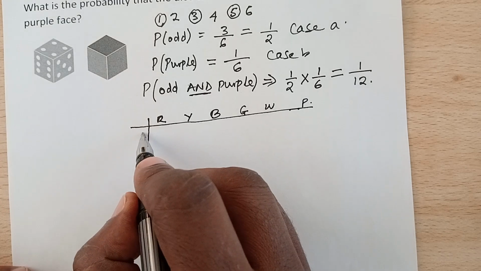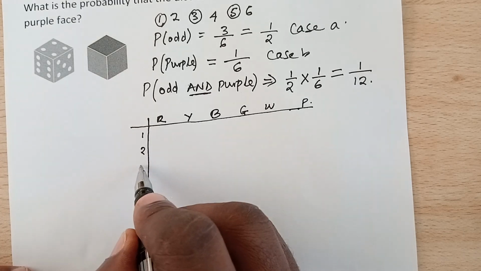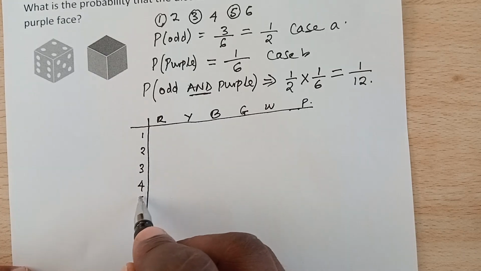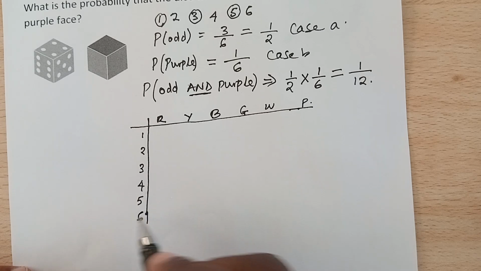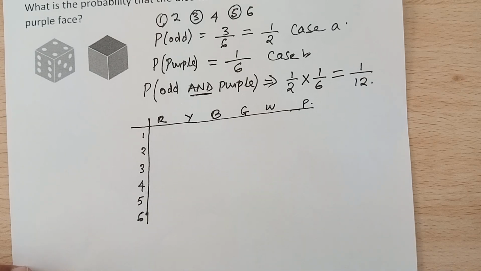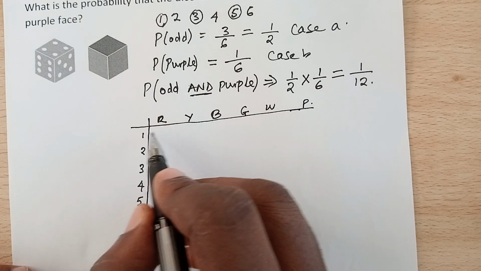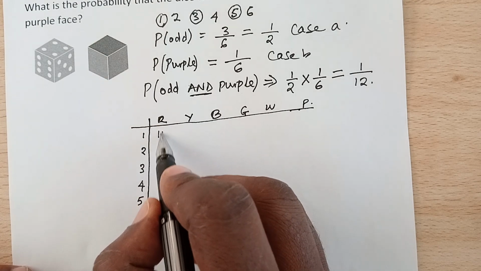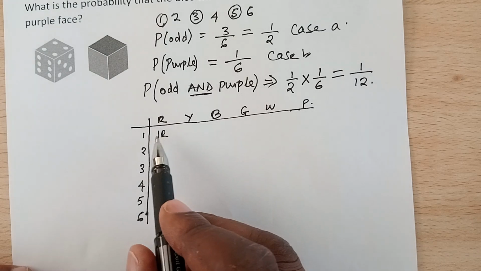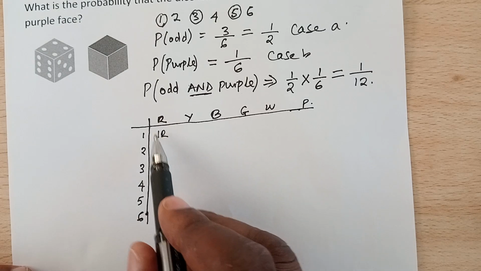In the next one we have face 1, face 2, face 3, face 4, face 5, and face 6. All these are possible outcomes. When the two dice are rolled together, this one can show a 1 where this one is showing a red. So it will be 1R, or 1 red.